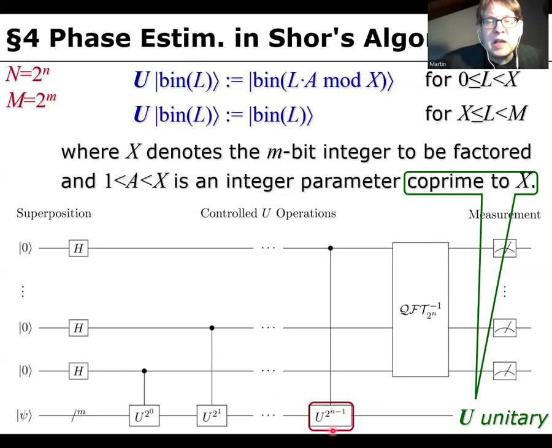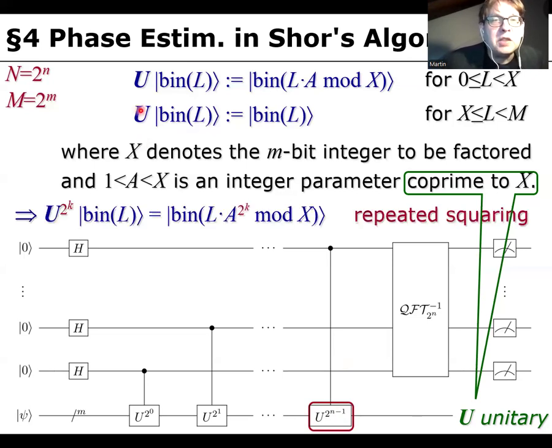difficulty that this is still exponential. But for this particular form of u, we have an explicit expression for the powers of u that's just multiplying not by A, but by a power of A modulo X, right?